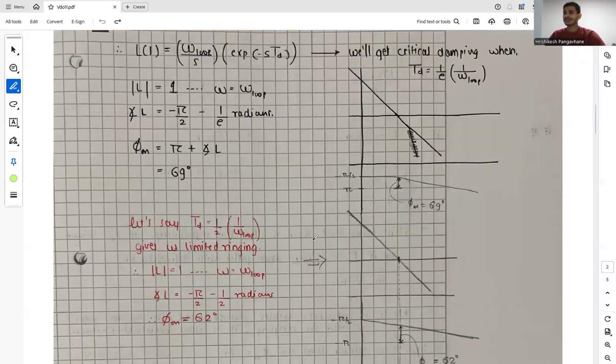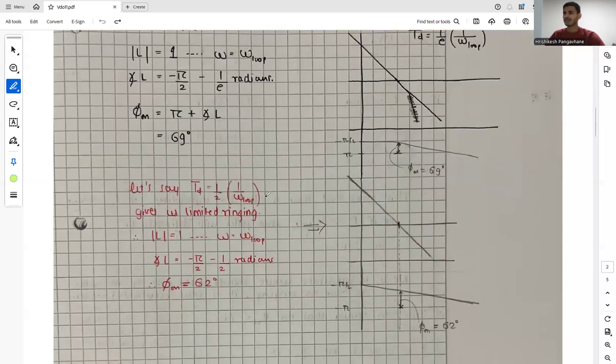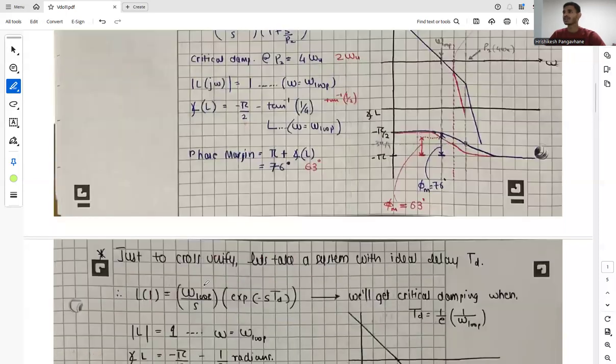And let's say we can tolerate the overshoot, which will give us a limited ringing in the case of TD equals to 1 by 2 times 1 by omega loop. So here again the phase margin comes out to be 62 degrees, which is almost similar to the case when we had one pole, which came out to be 63 degrees.